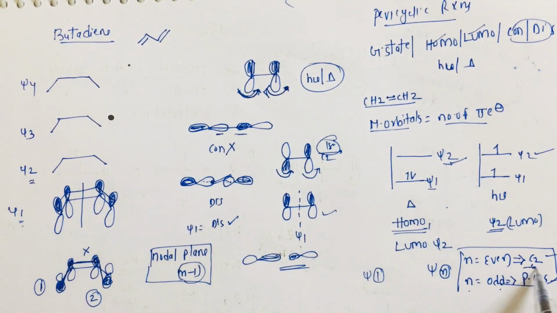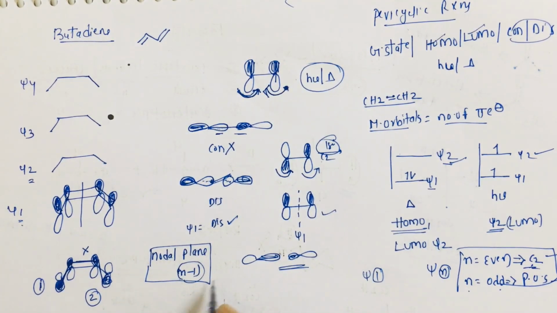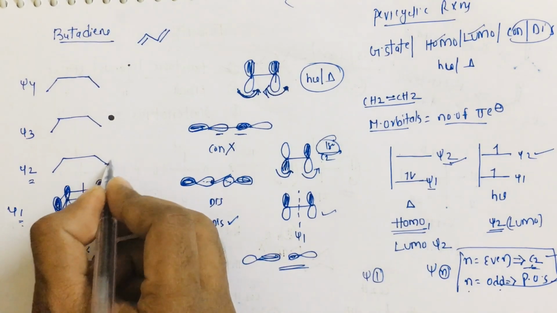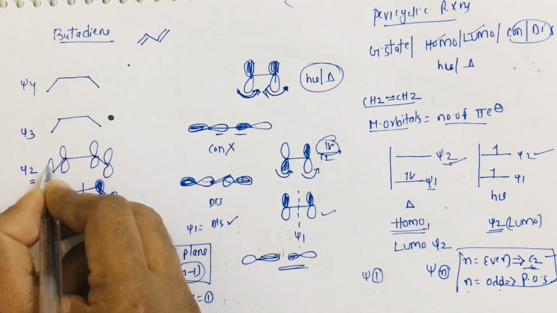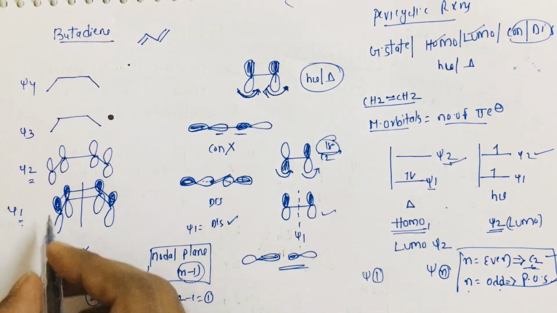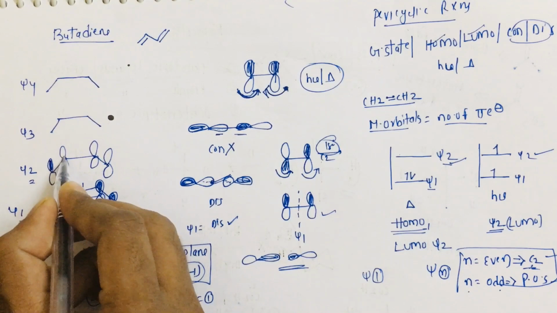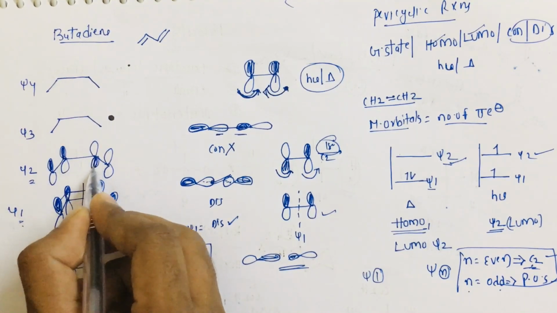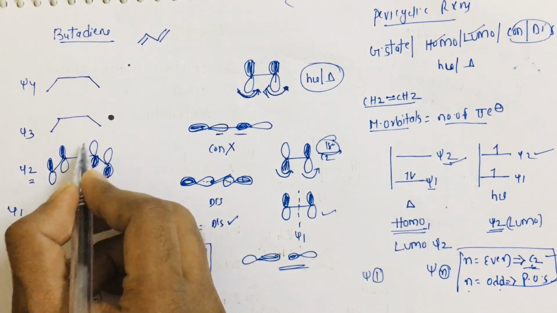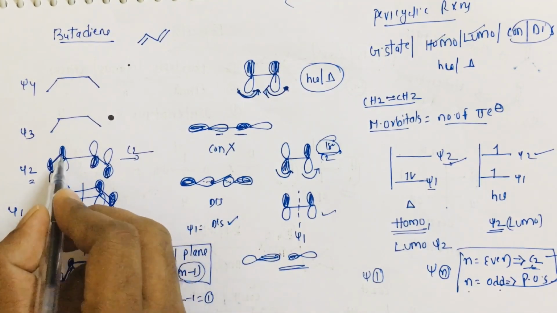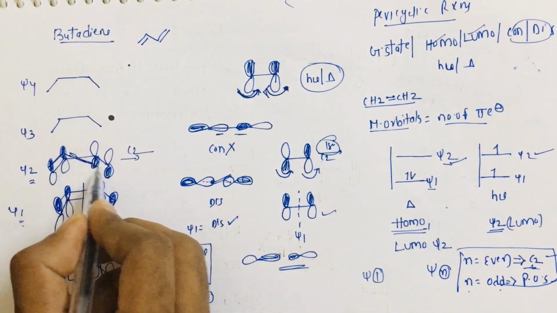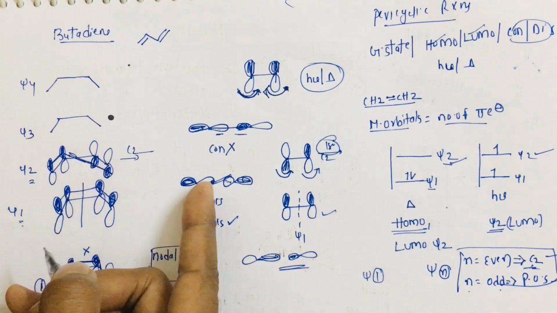In case of psi 2 there should be a C2 symmetry, and 2 minus 1 is 1, so one nodal plane has to be present for psi 2. So now take 2 above and 2 below. So we have a C2 axis symmetry here, and here there is no nodal plane, and this is one nodal plane, and here also no nodal plane. Okay, this is for psi 2.